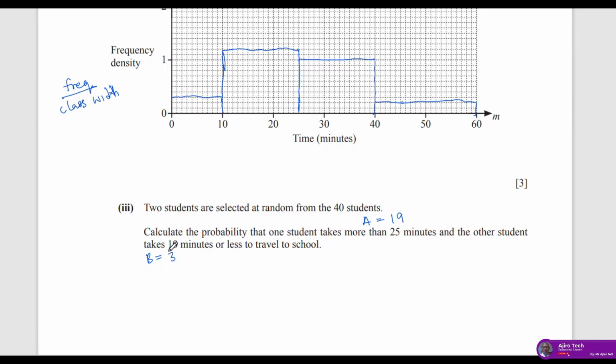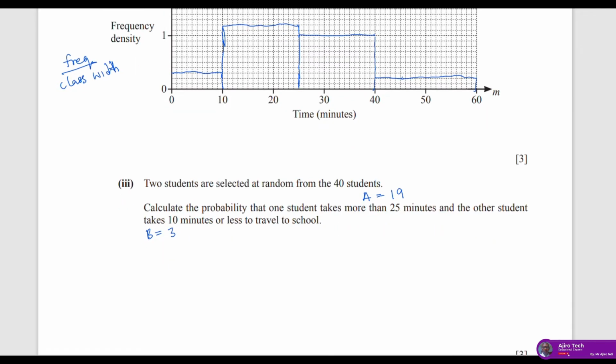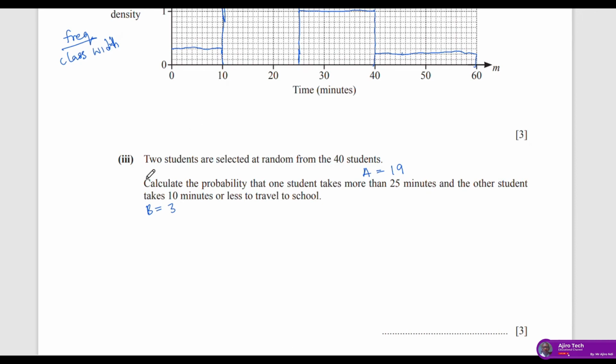So calculate the probability that one student takes that. The probability is equal to: you pick one, then you pick the other one, A and then B. And it could be the other way, taking B first before A. If you add these two together, you get your answer.